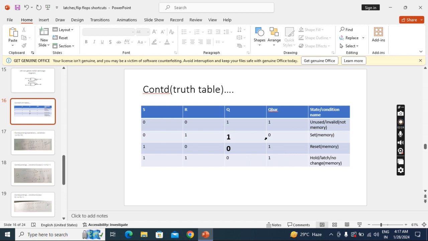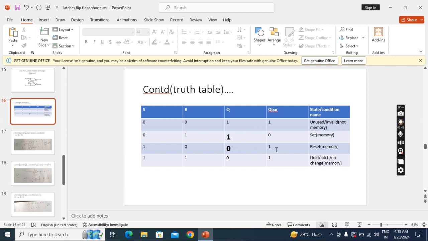Okay. So in this condition I got 1 0. Whenever we get 1 on Q, that we consider as 1 stored. 1 means set. But why are we not considering Q bar? This Q bar is just a complemented version of Q. Both are the same, that's why we are considering only one.